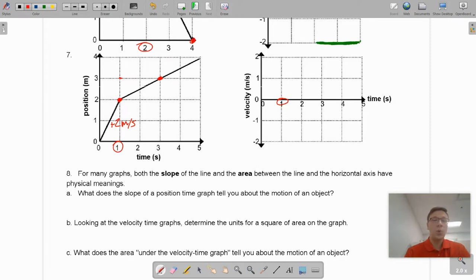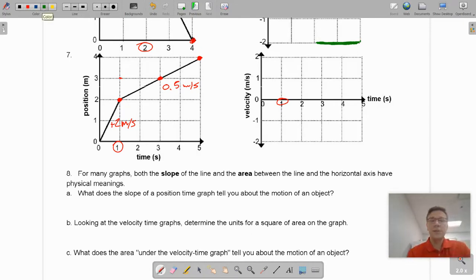So from 1 to 3 seconds, it goes 1 meter. From 3 to 5 seconds, it also goes 1 meter, right? So that means that this is going to be a 0.5 meter per second slope. And you can calculate that if you'd like to, but 1 meter over the course of 2 seconds would be a half meter over the course of 1 second.